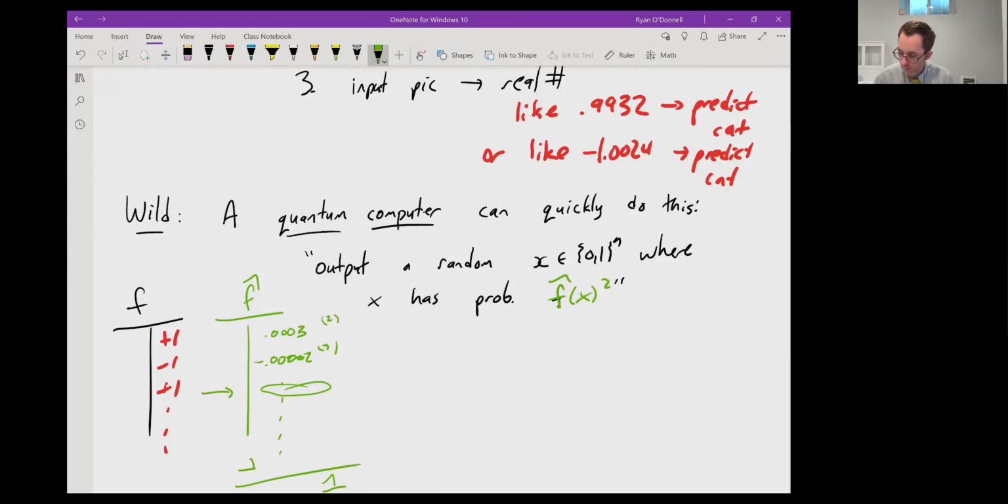And furthermore, there's a sense in which this is the only extra power quantum computers have over our regular computers: picking a random thing with probability equal to the squared Fourier coefficient. So now, you kind of know what a quantum computer can do.